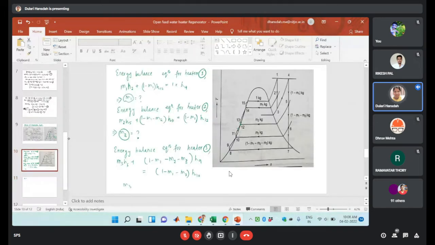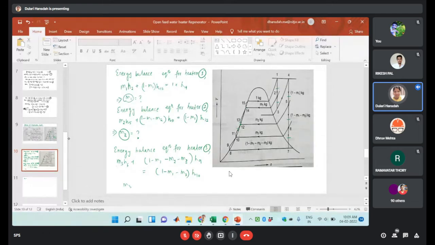In this case, expansion is at 1 to 2, then 2 to 3, and then expansions 4 to 5, 5 to 6, and 6 to 7. In case of 1 to 2, the mass will be 1 kg. So 1 into H1 minus H2.